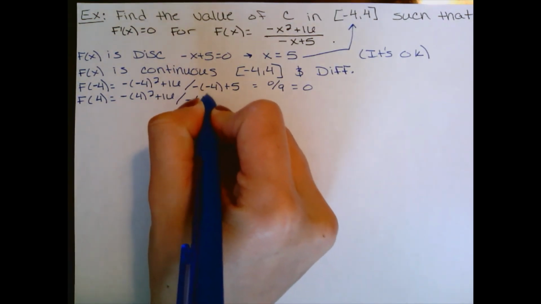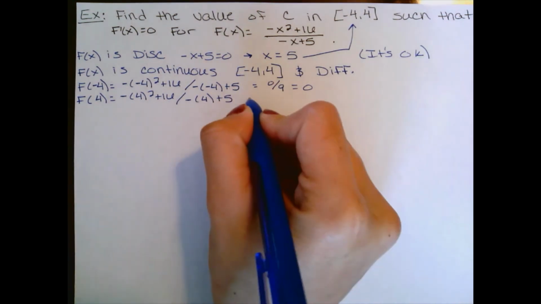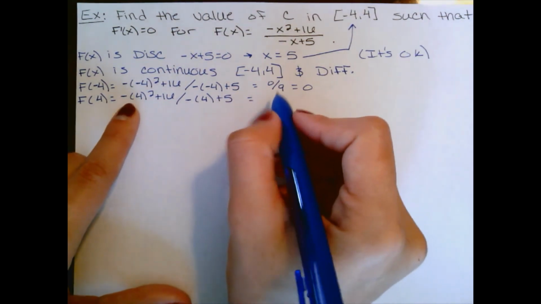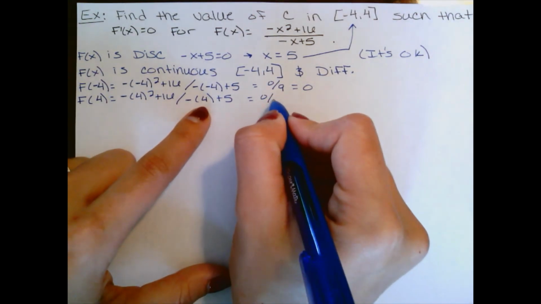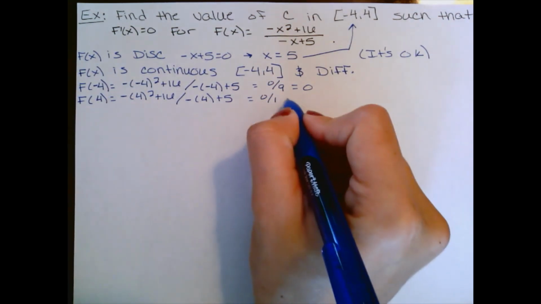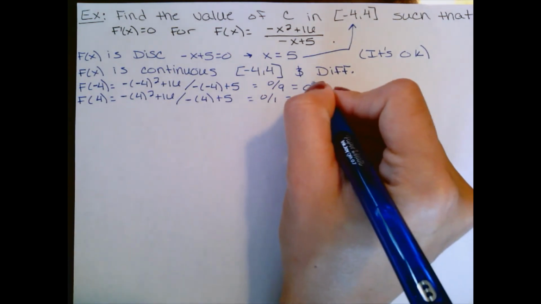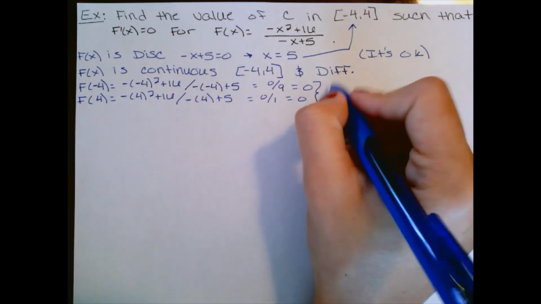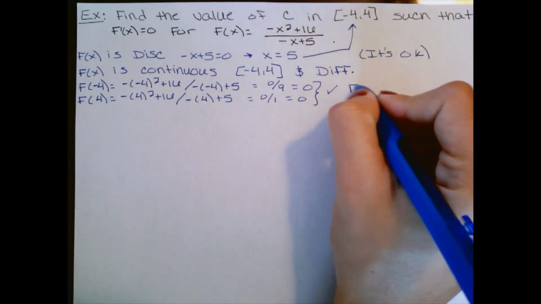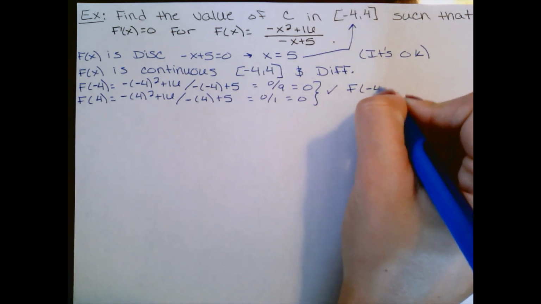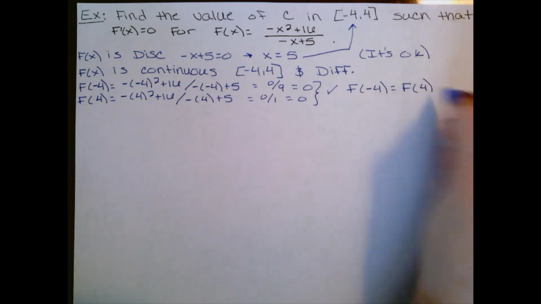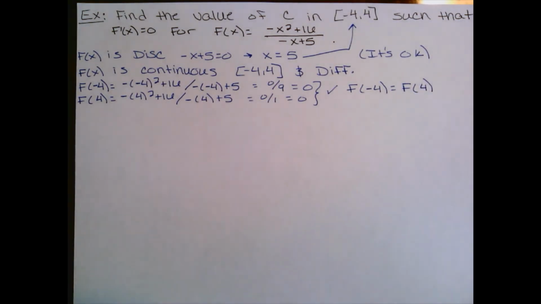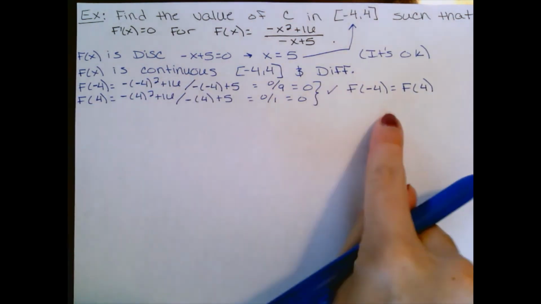Now I'm plugging in the 4. And this again gives me -16 plus 16, which is 0. Over this gives me 1, which 0 over anything is 0. So, check mark, they both gave me the same answer, and I can say that f of -4 is equal to f of 4.